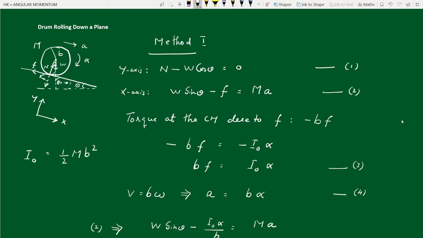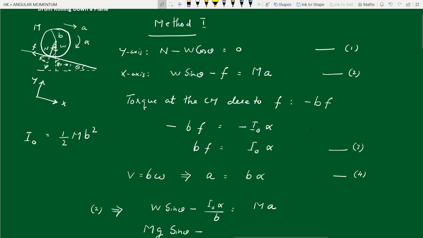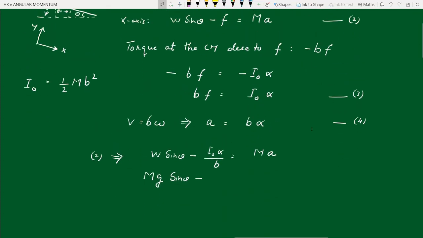So the moment of inertia about the perpendicular axis through the center is half m r square. Here the radius is equal to B, so we can substitute that.